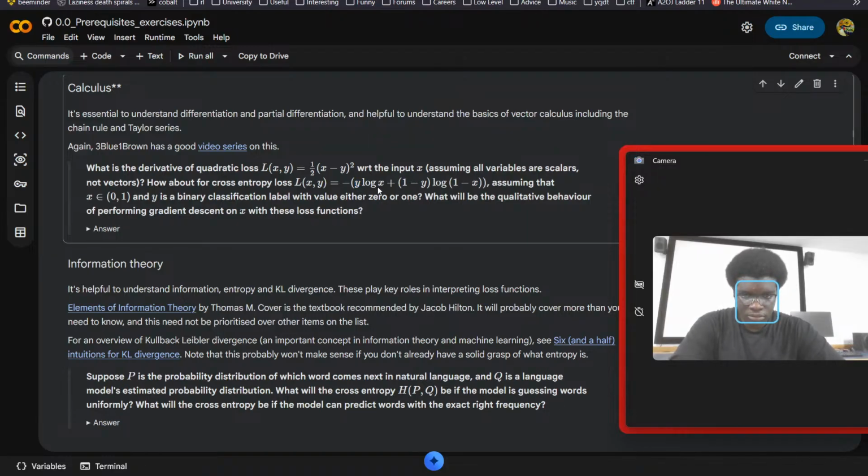The y log x term goes to 0, and then we have just (1 minus y) times log(1 minus x). 1 minus y is just 1, so it becomes log(1 minus x). Log(1 minus x) is maximized when x equals 0, because we're restricting to the range 0 to 1. But then we're multiplying by minus 1, so that ends up being the minimum value.